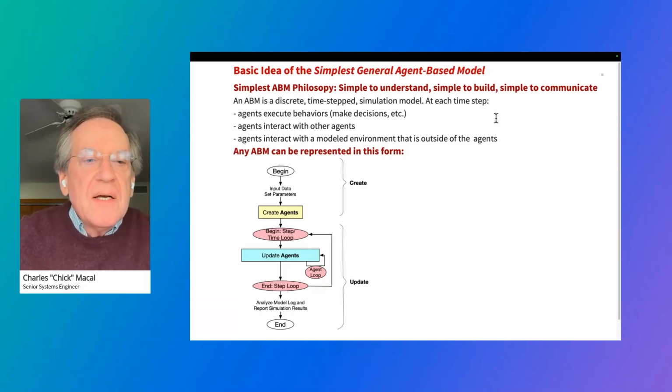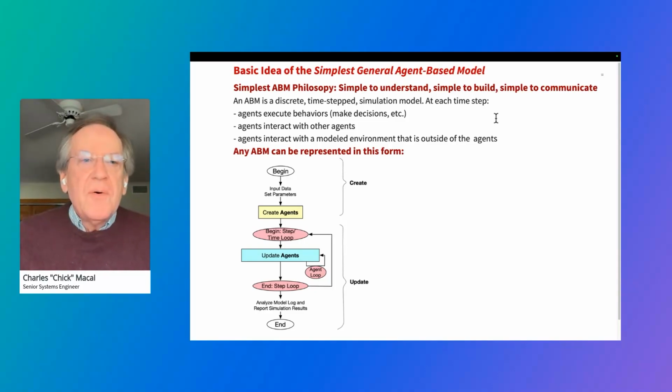And in this representation there are two loops. There's an inner loop, the agent loop, which updates all of the agents in the model at a given time step. And then there's an outer loop that updates the time steps themselves.